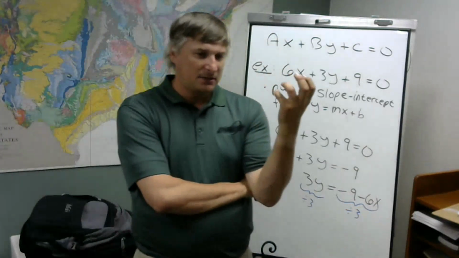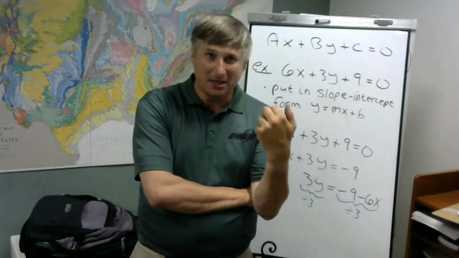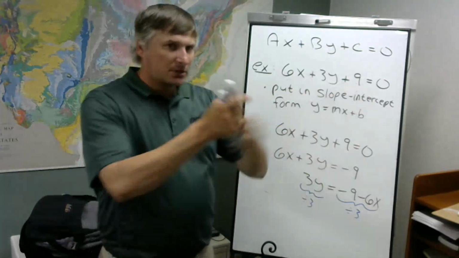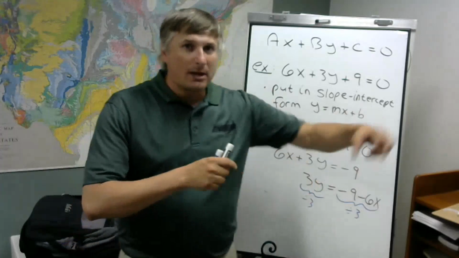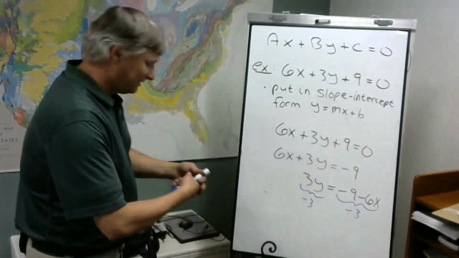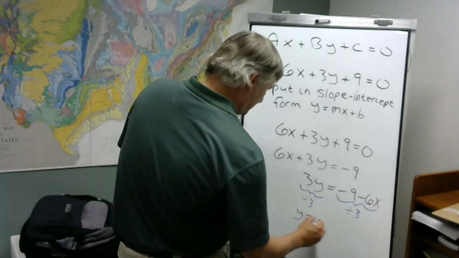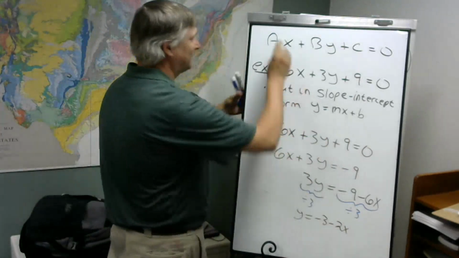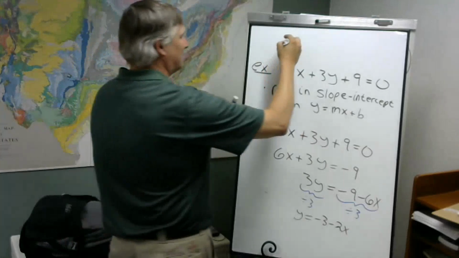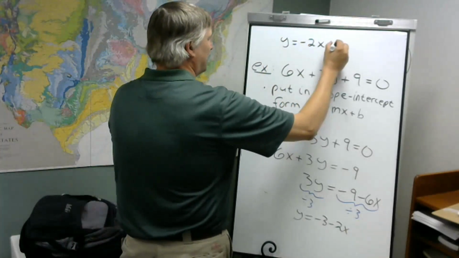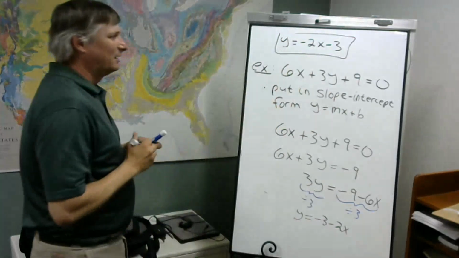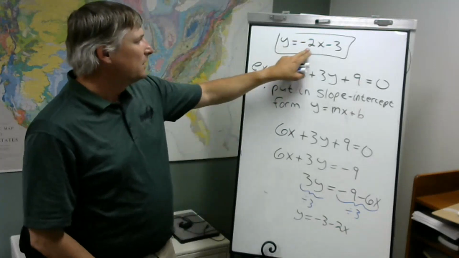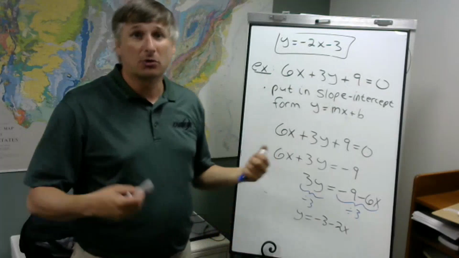That's going to mean any terms that are added and subtracted together, like negative 9 subtract 6x, or if it was negative 9 plus 6x, terms that are separated by plus and minus signs, each of those terms are going to be divided by this 3. So what we'll get is negative 3 subtract 2x, or making it a little more like that, y equals negative 2x minus 3. And that's how this standard form looks as slope-intercept form. And our slope is -2, our y-intercept is -3, or 0, comma, -3.